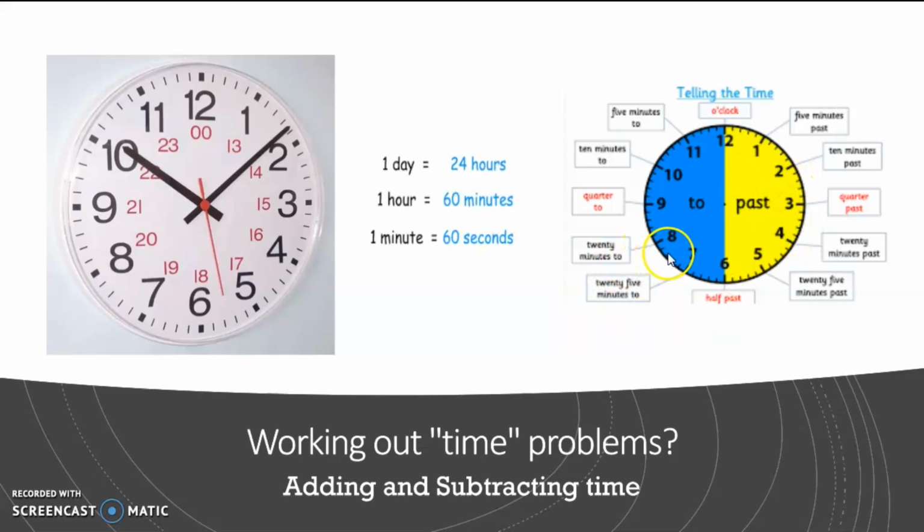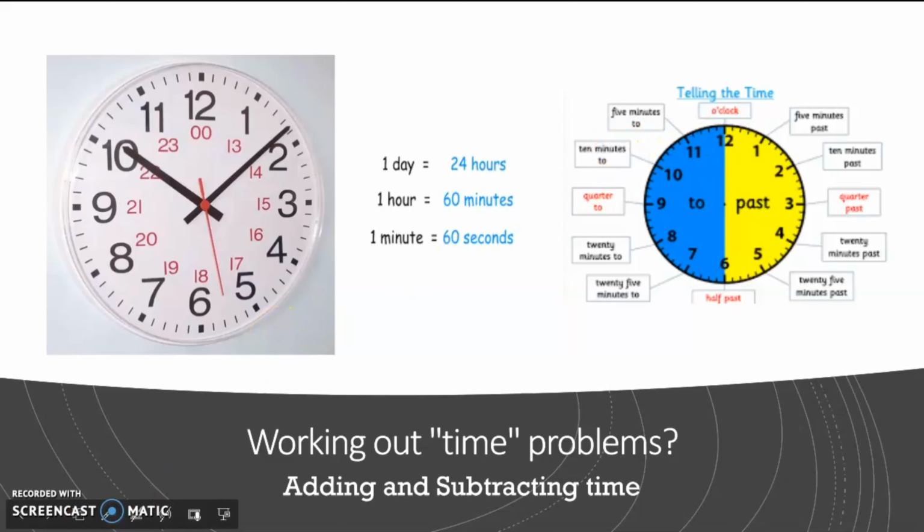If it was there, that would be 1, 2, 3, 4, 5, 6, 7, 8, 9, 10, 11, 12, 13, 14, 15, 16, 17, 18, 19, 20, 21, 22 minutes to the hour. So any of those ticks relates to a minute past or minutes to.